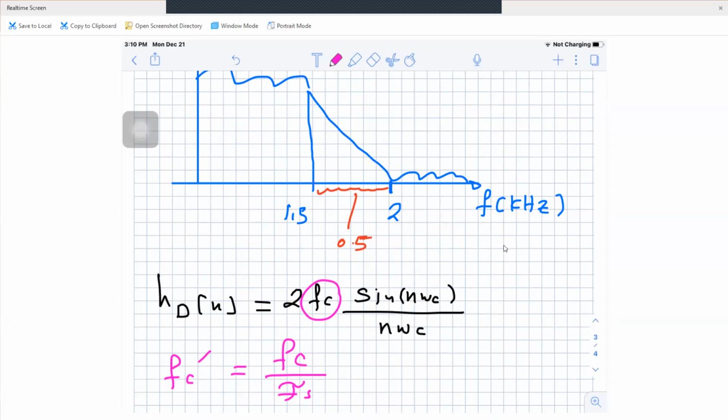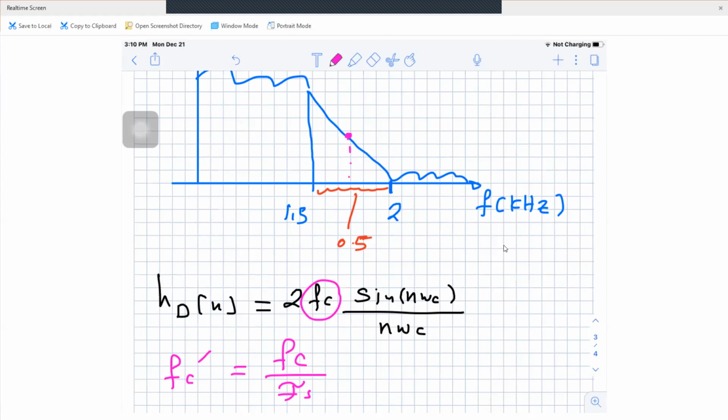Now, what will be the value of fc? We said that fc lies midway between the passband edge and the stop band edge. So fc is not given in this problem, and you have to determine it.